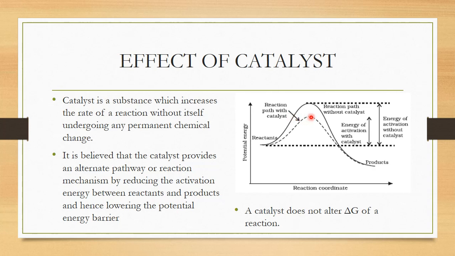It reduces the activation energy between the reactants and the products. That's why the molecules are able to cross this barrier easily and more products will be formed. Initially, this was the energy of activation, but now this is the value of the energy of activation. A catalyst, however, does not alter delta G of a reaction.